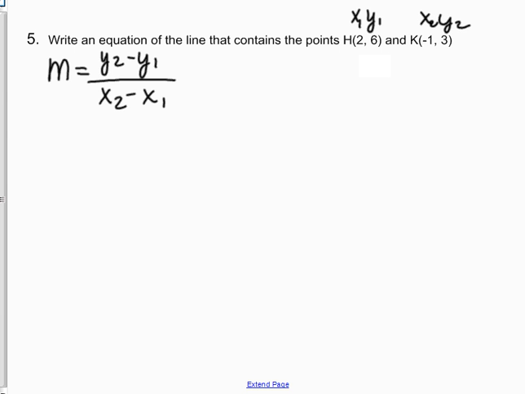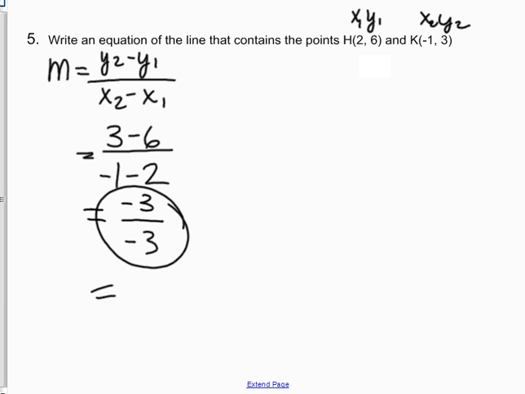Got it? m equals y2, which is 3, minus y1, which is 6, over x2, which is -1, minus x1, which is 2. Alrighty. So -1 minus 2 is a -3. So when we simplify this, we get a +1. So the slope is 1.